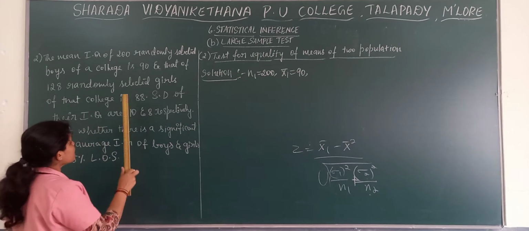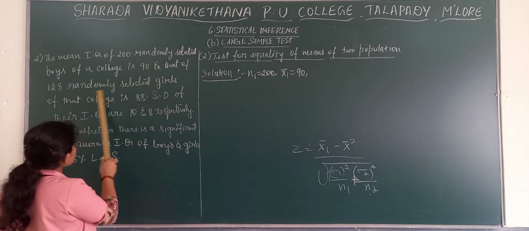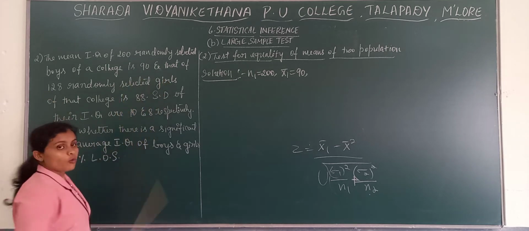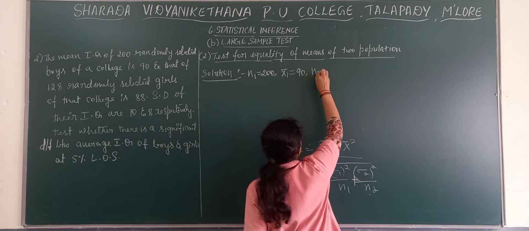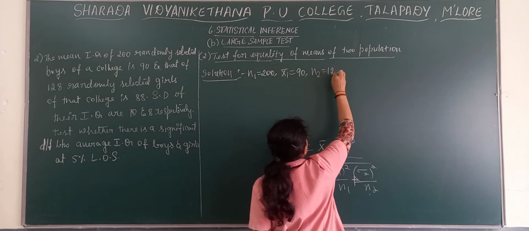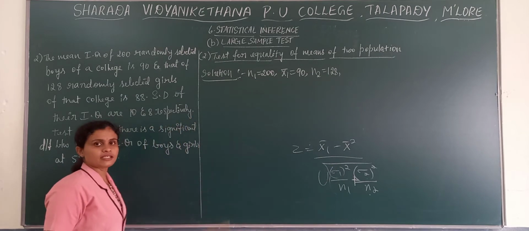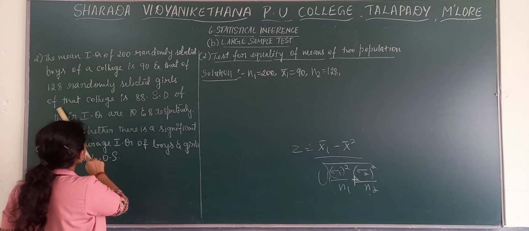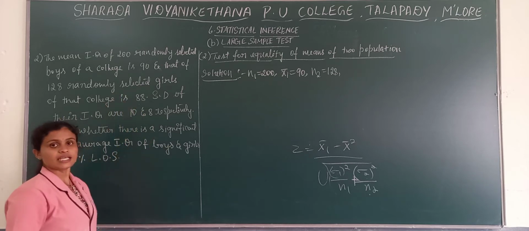Then continue: and that of 128 randomly selected girls. So n2 is equal to 128, and the mean IQ of the girls of that college is 88.